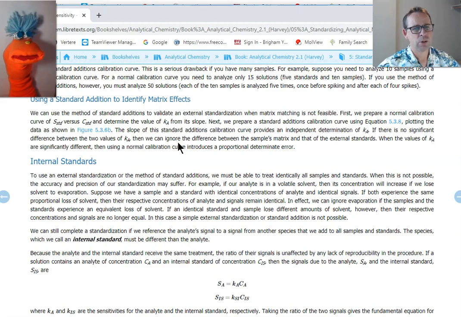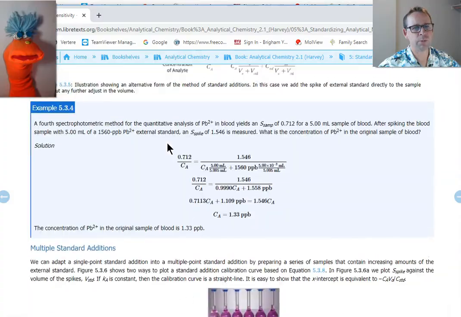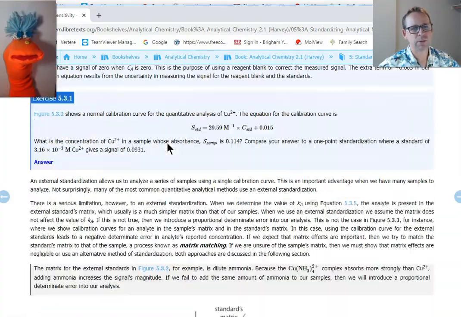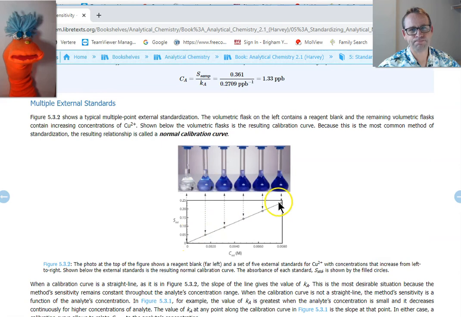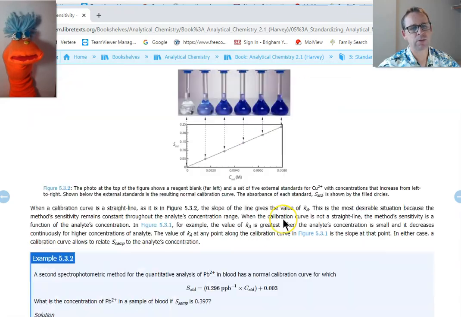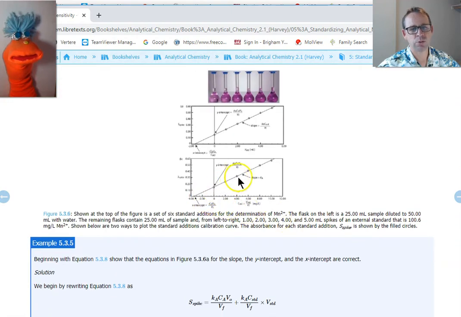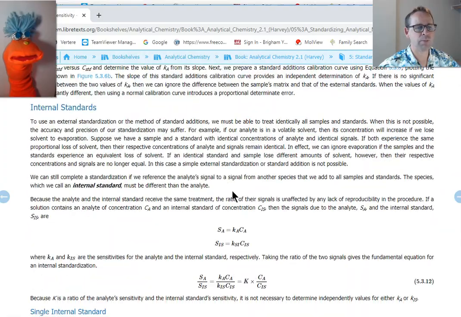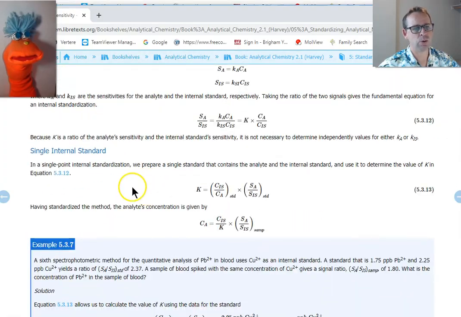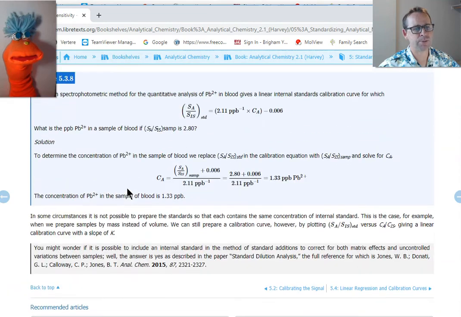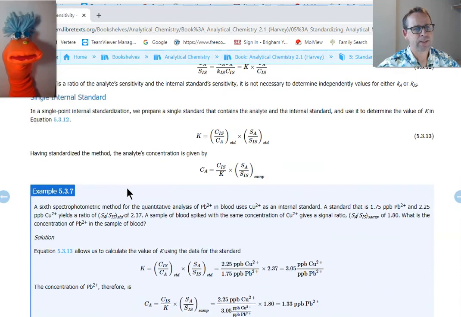When you create a standard curve from just an addition of external standard to a solution hopefully free of your matrix, and then compare that slope, the signal, to a standard addition curve, the change in that slope will give you information about your matrix effects.